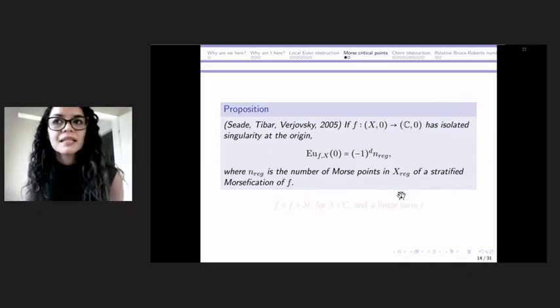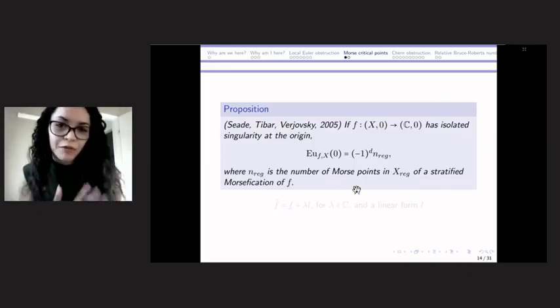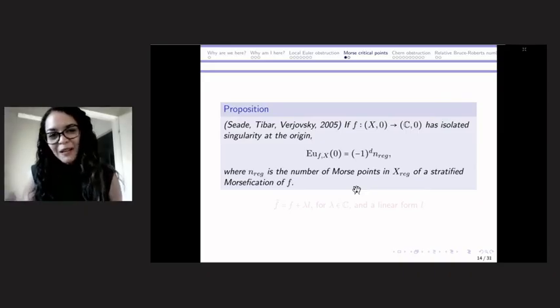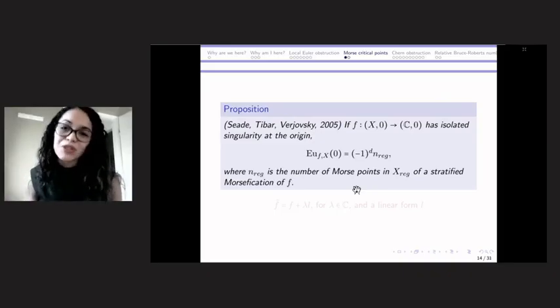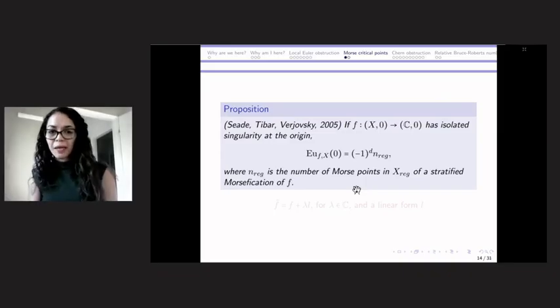So you see that all that difficulty that we saw, at least from my point of view, is not easy. There is a more geometric approach to explain to us what the Euler obstruction of a function is doing, right?